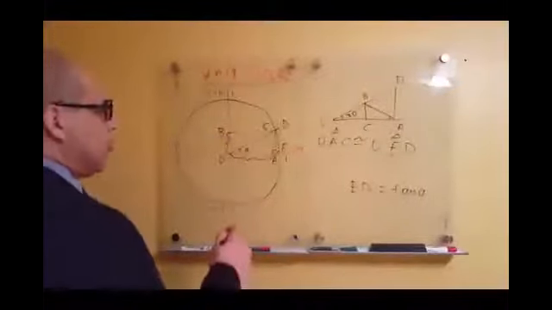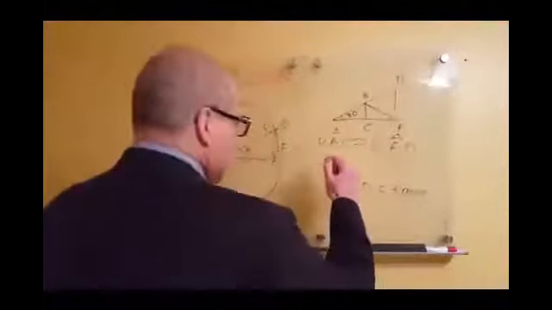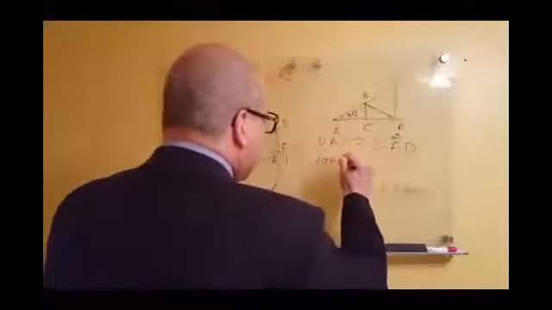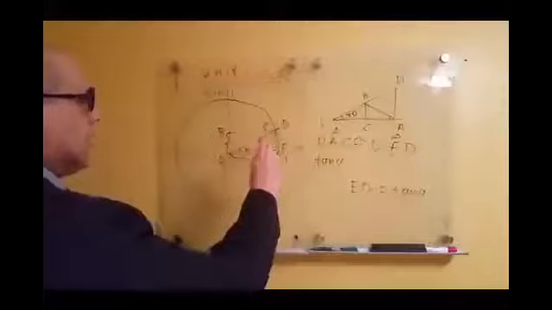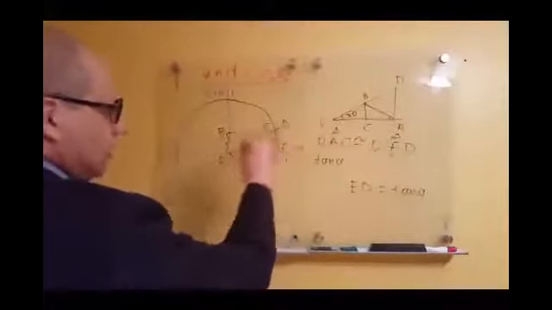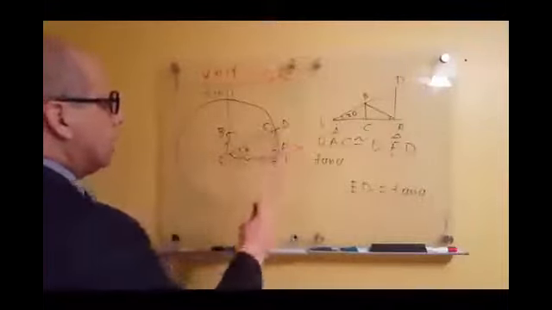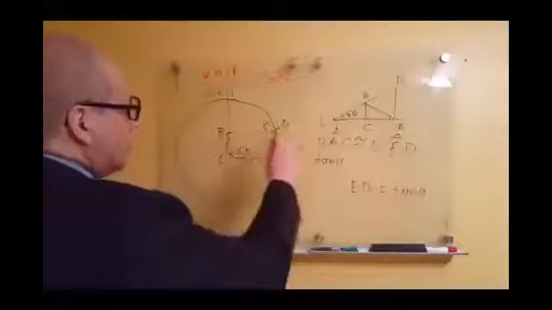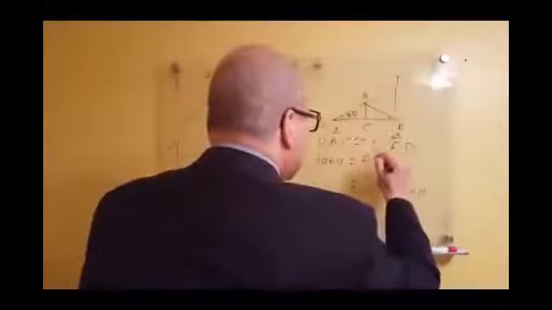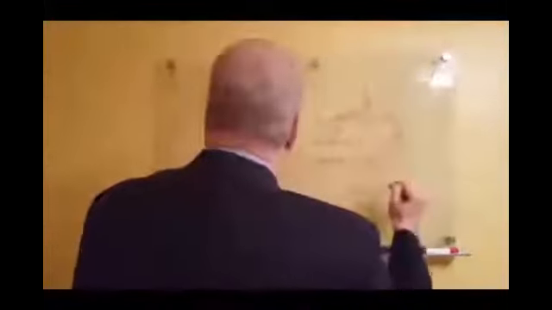Now let's take the tangent of A. As we all know, the tangent is equal to the opposite over the adjacent. If you take the triangle OAC, the tangent of this angle here is the AC, which is the opposite, over the adjacent, which is the OA.